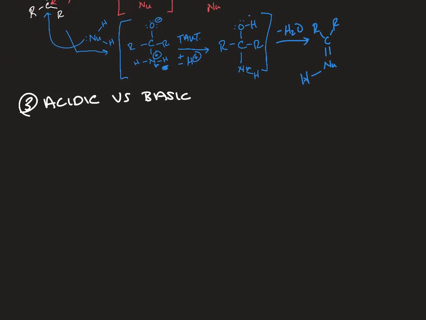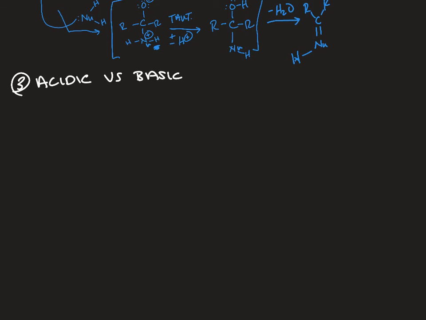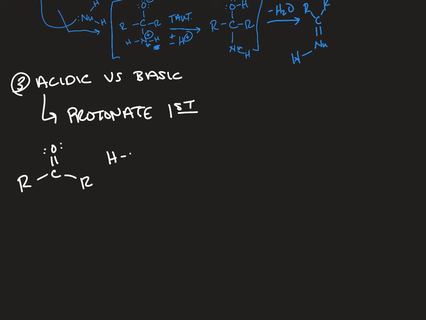the first thing that's going to be done is you're going to protonate the oxygen of the carbonyl. All right, so that oxygen has lone pairs, and if you have an acid, that's going to typically be the first step.